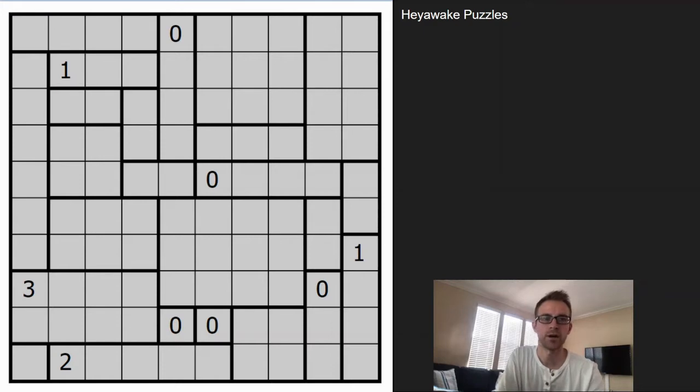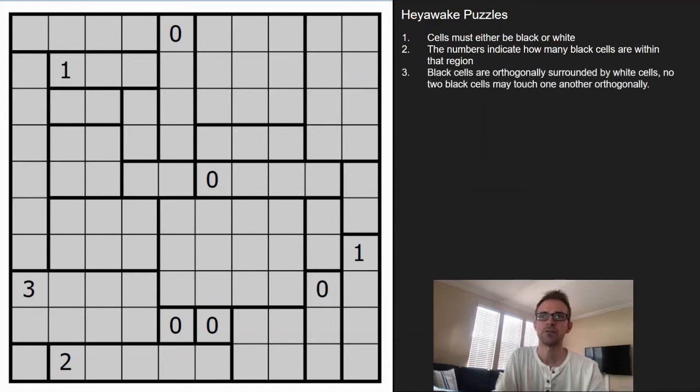This one's on Heyawakes. So the rules state that each cell must either be shaded in or left unshaded. The numbers indicate how many black cells are within that region. Black cells are going to be orthogonally surrounded by white cells in such a way that two black cells can never orthogonally be adjacent to one another.